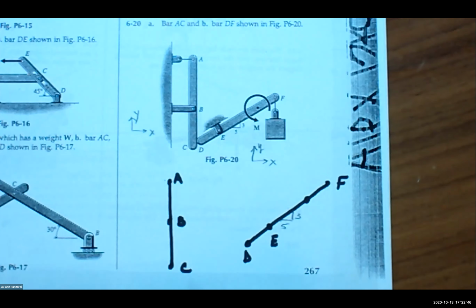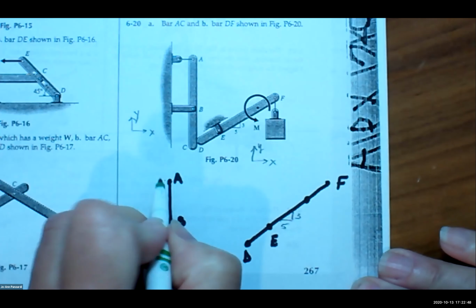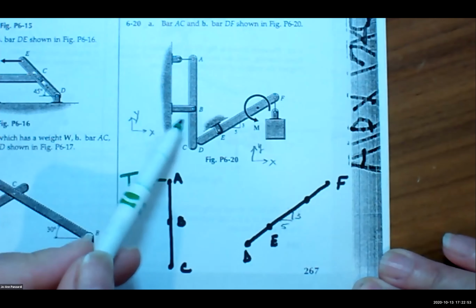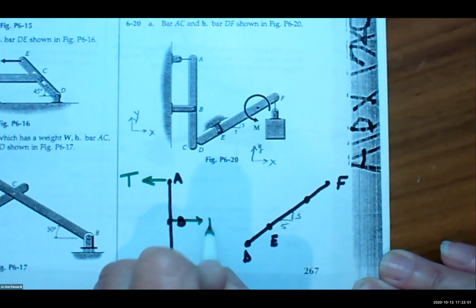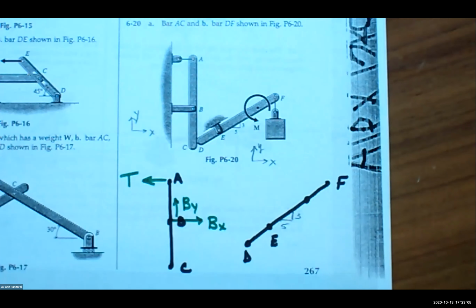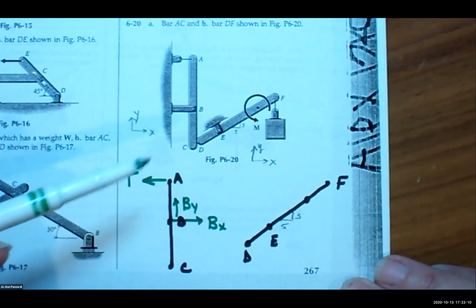Isaac? What do I have at A? I have a tension. What's going on at B, Isaac? It looks like a pin, so a resistance in the X and Y. BX, BY. And again, notice I'm always drawing them in positive. Okay, what's happening at C, Isaac?